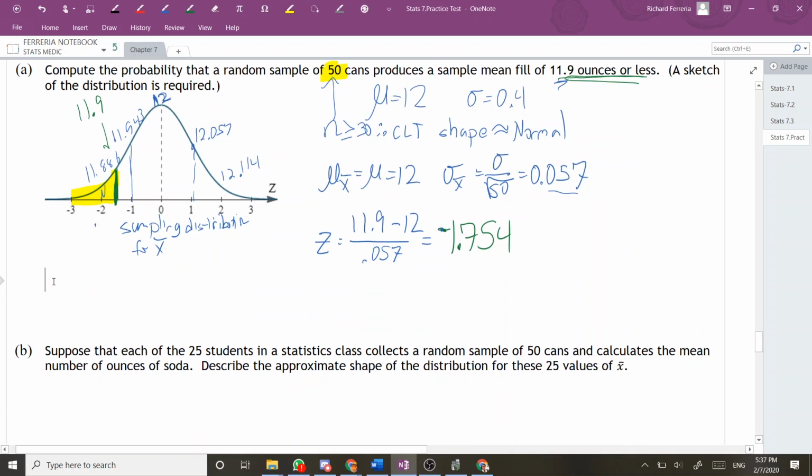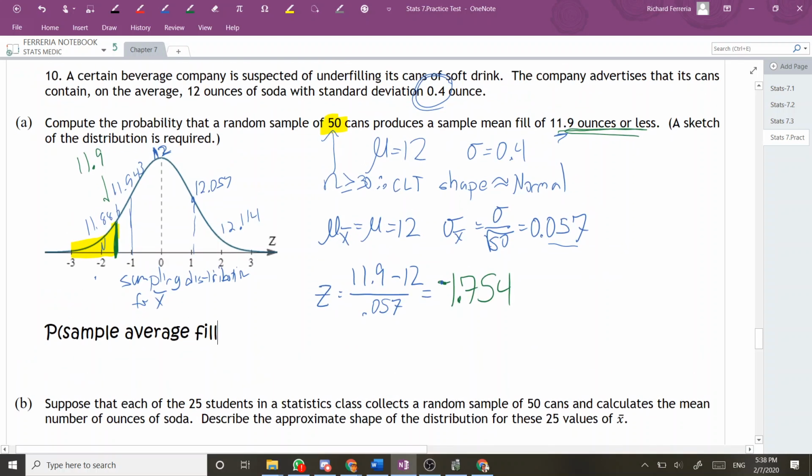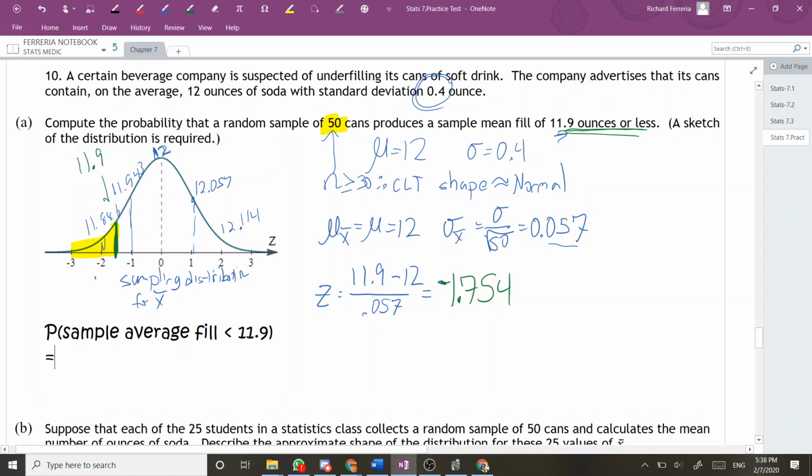So let's see. The probability that the sample average fill is less than 11.9 is going to be equal to a normal CDF, where the lower is negative infinity, really.